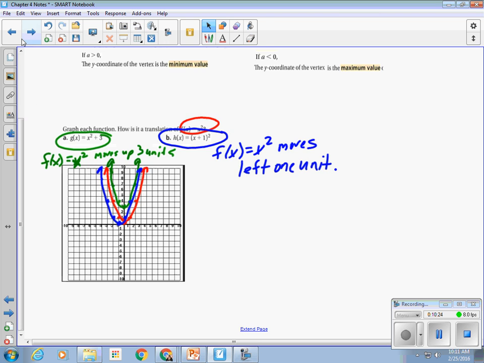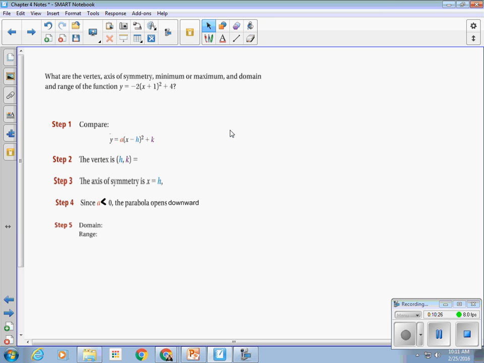Okay, let's make it more complicated. So we're going to take a look at a quadratic function, and we are going to determine the vertex, axis of symmetry, minimum or maximum, and the domain and range. So now we're going to take this to a new level, find more information.